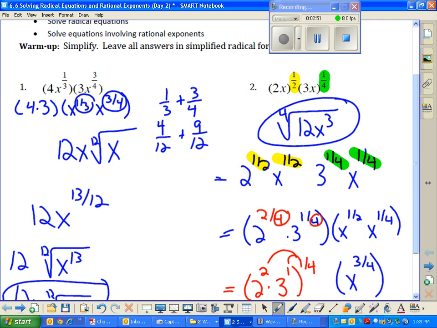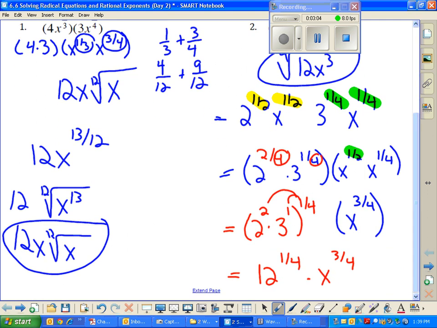So I grouped my x's together, and then I grouped together 2 to the 1/2 power times 3 to the 1/4 power. The x's are pretty easy to deal with. You just had to add a 1/2 and a 1/4, and that's 3/4. 50 cents and 25 cents is 75 cents, or 3/4. So that part is usually okay.